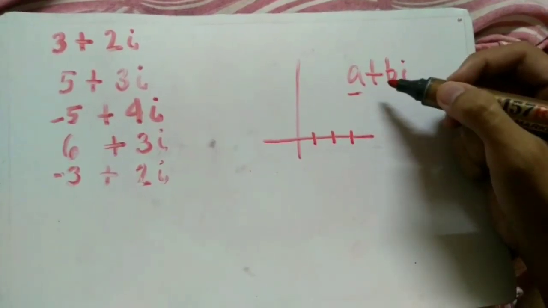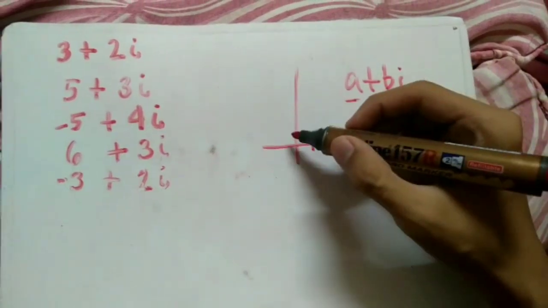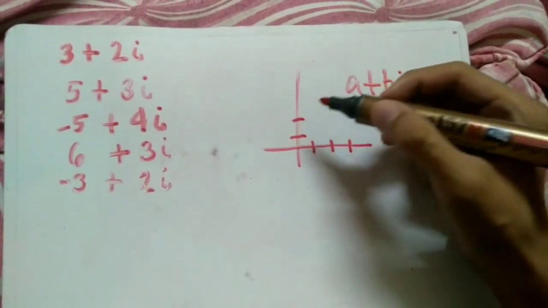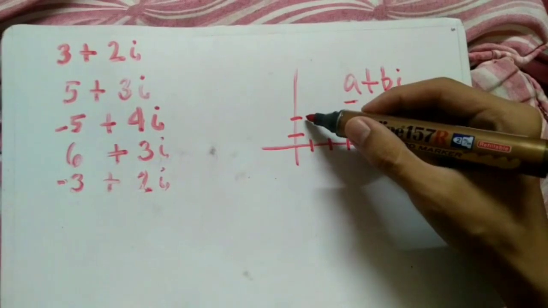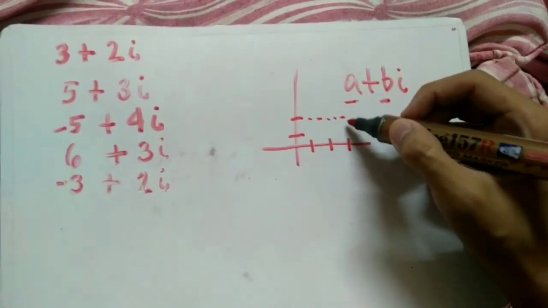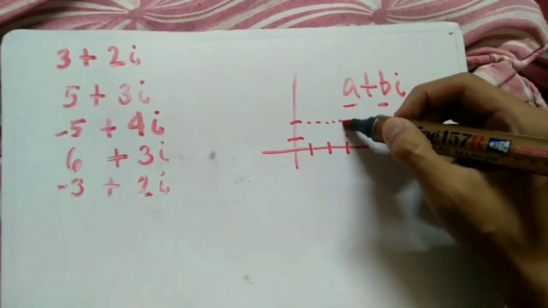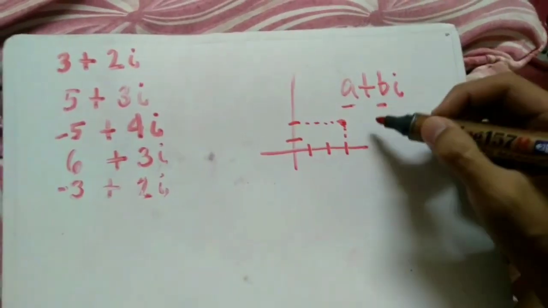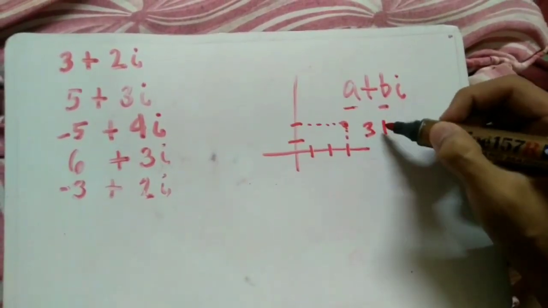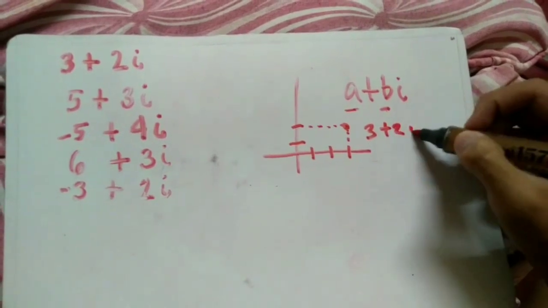Our b is 2: 1, 2. Our point will be here. That is 3 plus 2i.